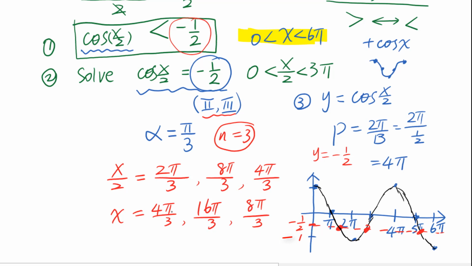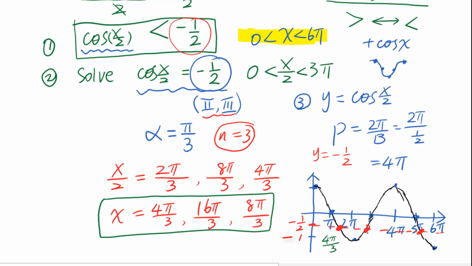These 3 intersections will be these 3 solutions. So this is 4 pi over 3. This is 8 pi over 3. And this is 16 pi over 3.